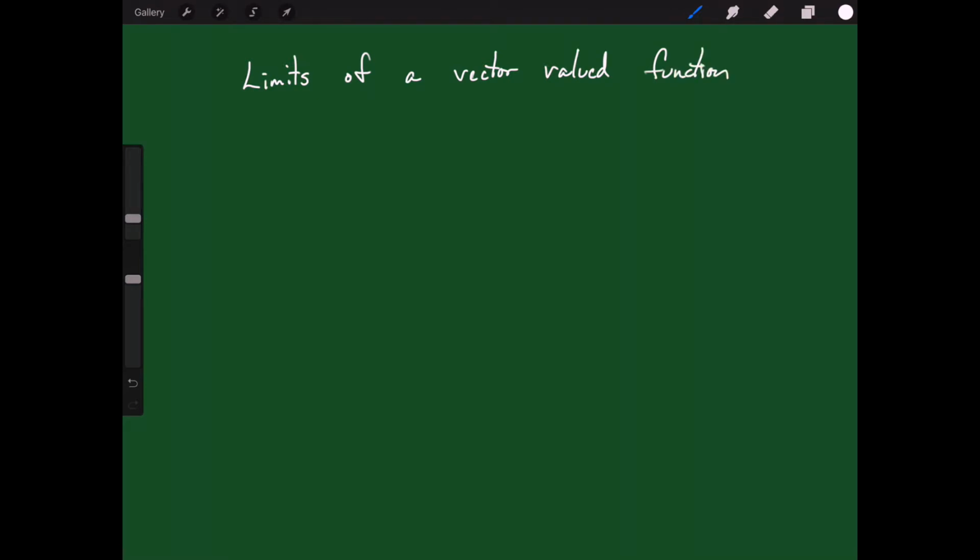Now, taking the limit of a vector valued function is not very hard, because typically what we would want to do is take the limit as t goes to some fixed point t0 of r of t, our vector valued function. And the way we're going to do that is we're just going to take the limit of each component individually.